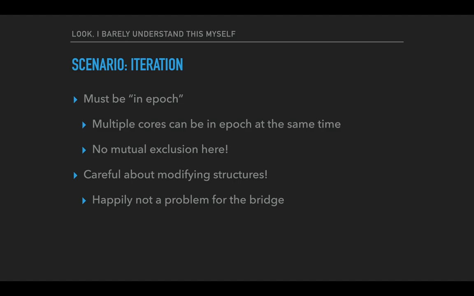The only thing that we need to remember is we need to enter the epoch. And when we get to delete, it will become clear why this is necessary. But you can compare it to entering the read section on a read-write lock. We can have multiple cores enter epoch at the same time, as many cores as we like.